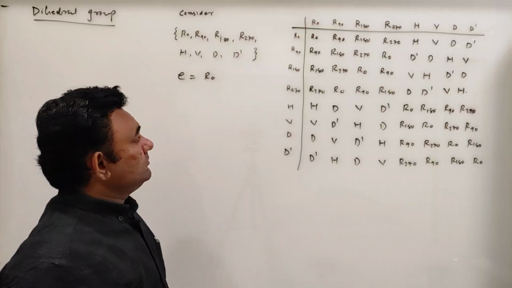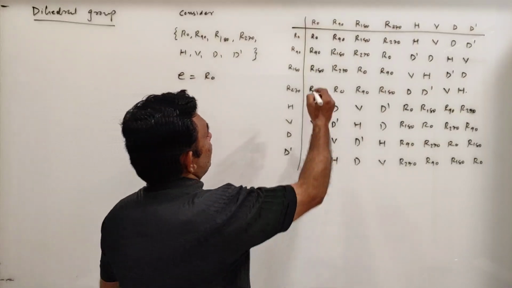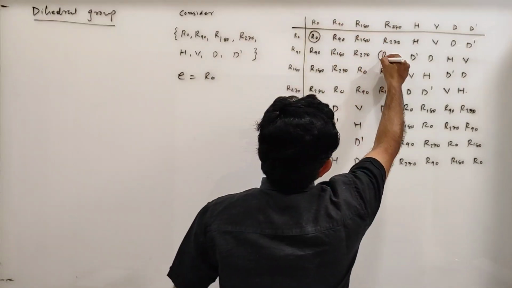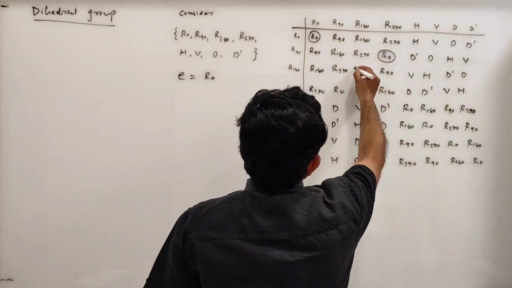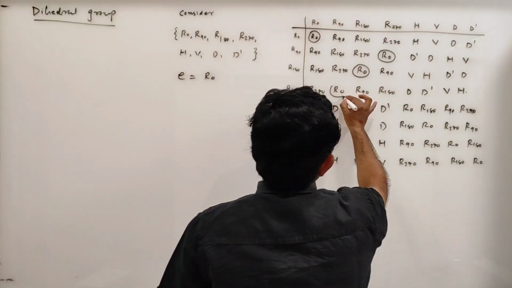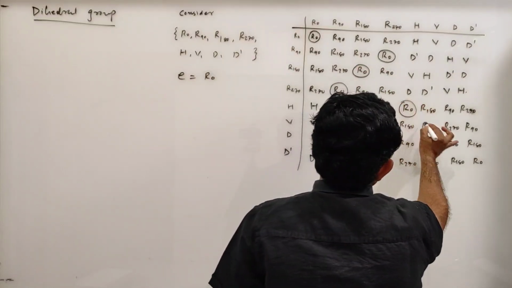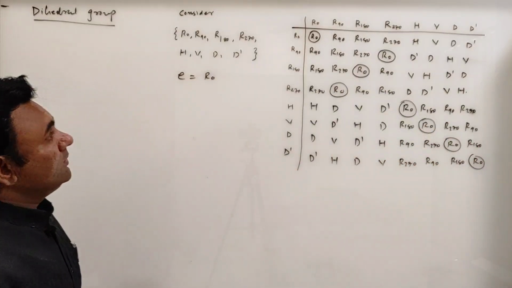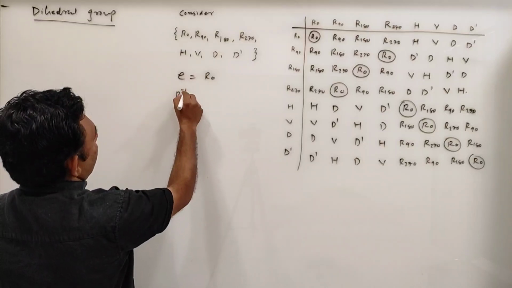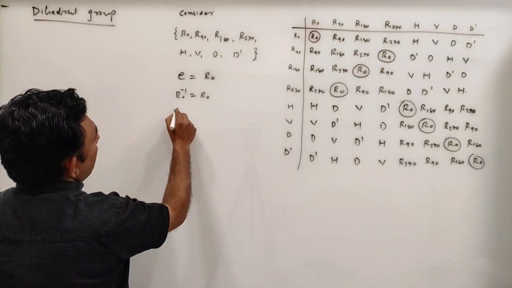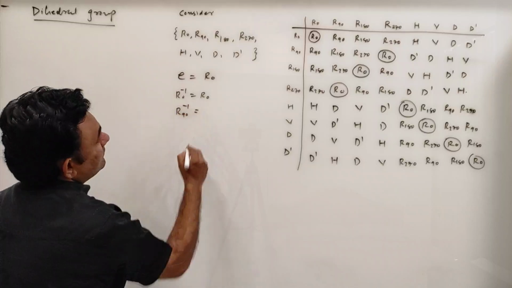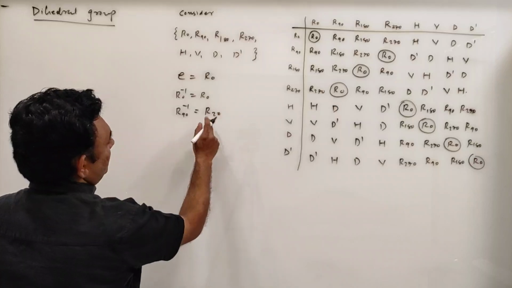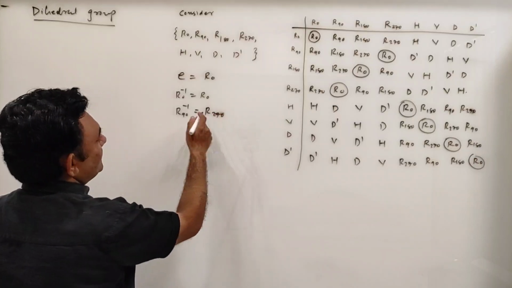And what about the inverse? You just look at the identity in every row. So the identity R0 has inverse R0. R90 inverse is R270, so obviously R270 inverse is R90.